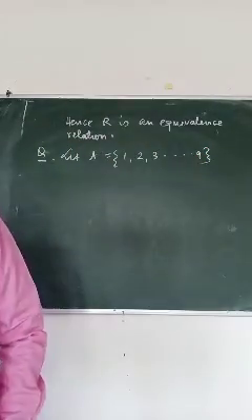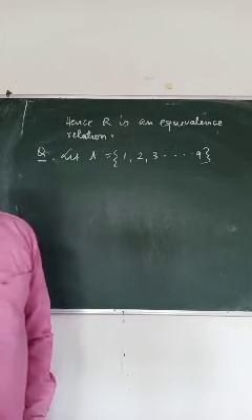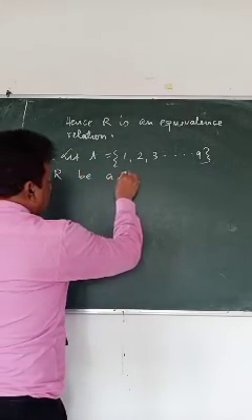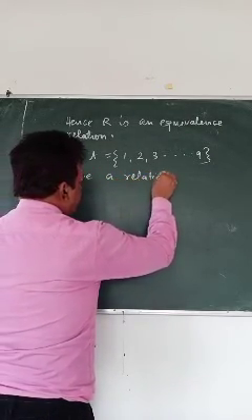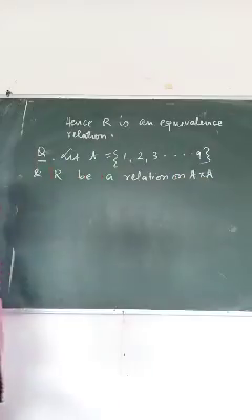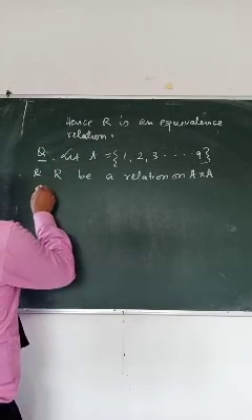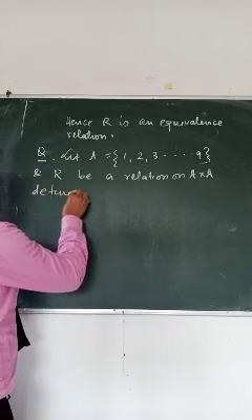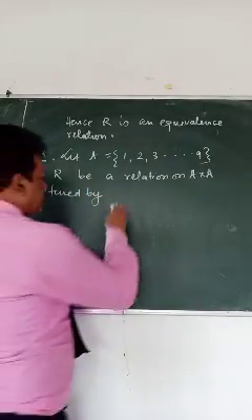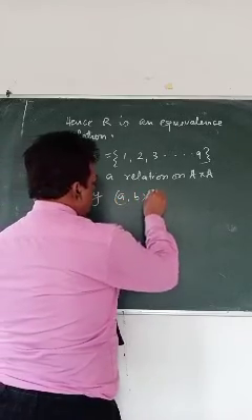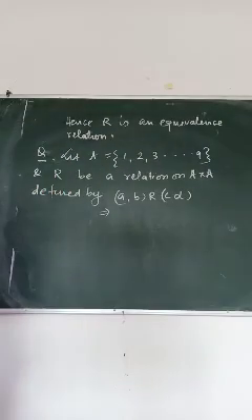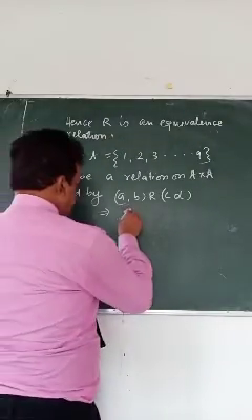Okay. Then R is a relation on A cross A defined by (a,b) relates (c,d) implies a plus d is equal to b plus c.